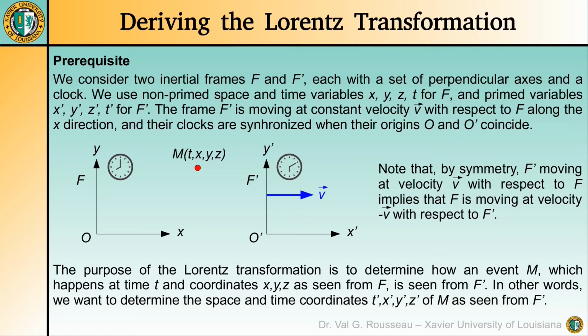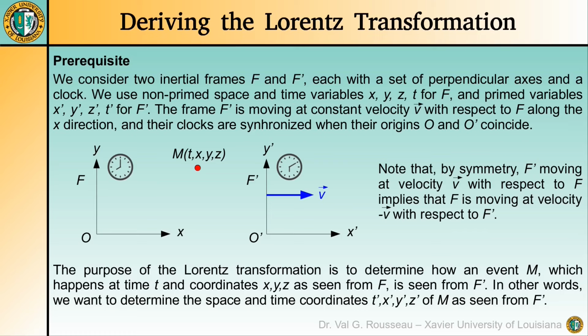Consider now an event M that happens at time t and coordinates x, y, z in the frame F. The purpose of the Lorentz transformation is to determine the space and time coordinates t prime, x prime, y prime, z prime of that same event as seen from the frame F prime.